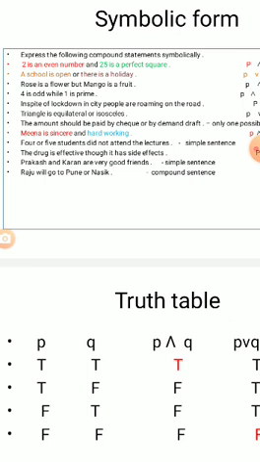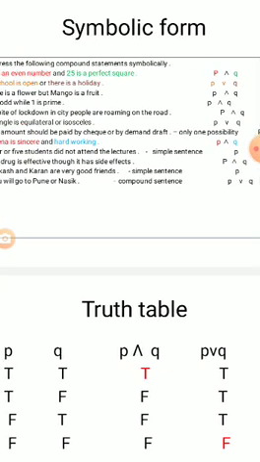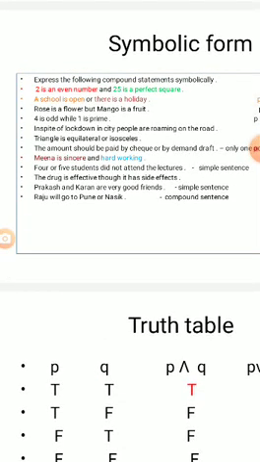It is a simple sentence, and therefore there is only one symbolic form P. We can denote it by either P or Q by using a single letter. So these are some examples of conjunction of two statements.